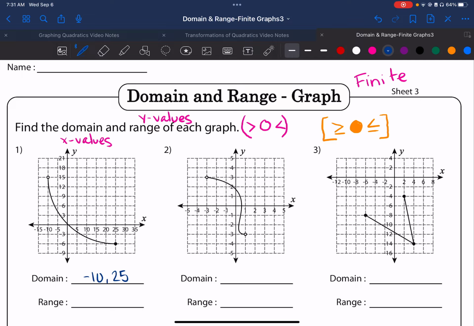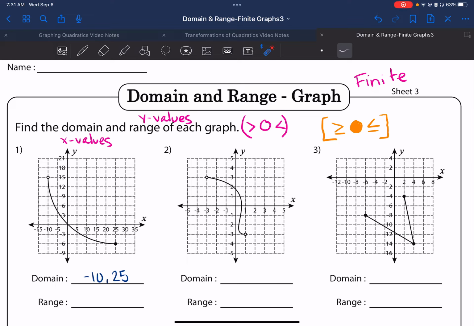If you look up at the top right of your screen, I've drawn these little characters on here. These are to help remember whether to use brackets or parentheses. On a graph, if you see an open circle, that means your interval at that point should have a parenthesis on it. A closed circle, on the other hand, should have a bracket.